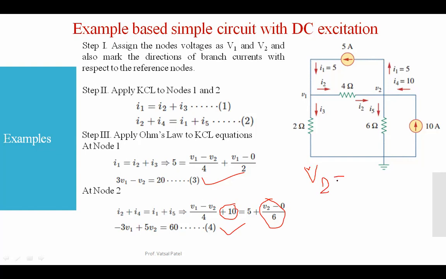From the third equation and fourth equation, simplify and tell me what V2 is. Okay, I'm getting the answer from Viswajit again, that V2 is equal to 20 volt. Now put this V2 in one of the equations, 3 or 4, and find out V1. So what is the value of V1 now?